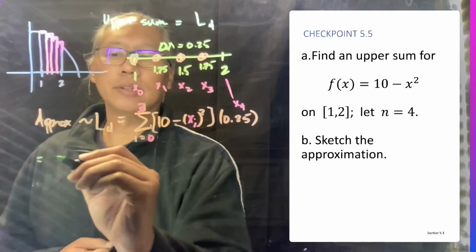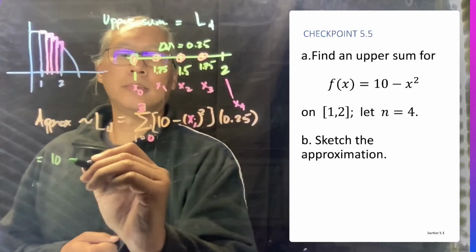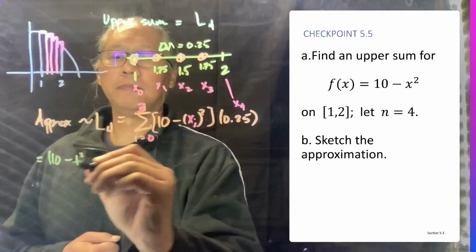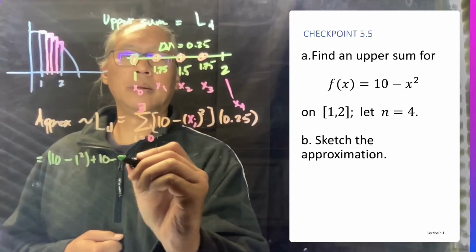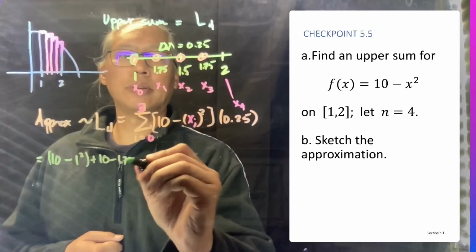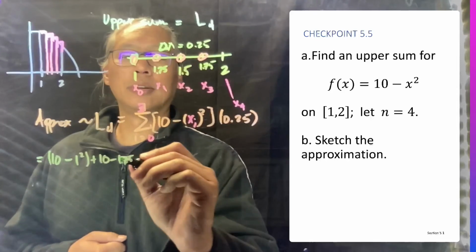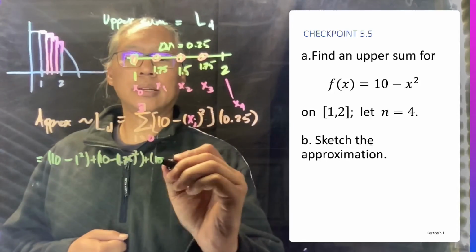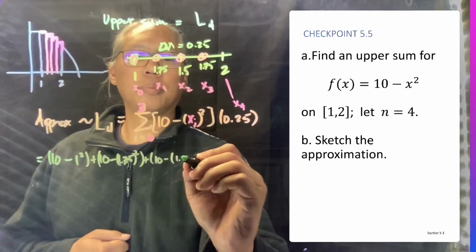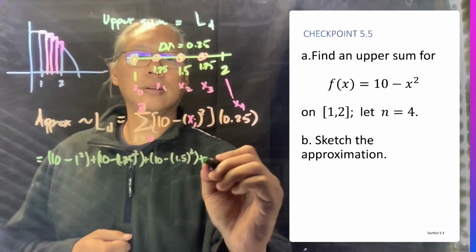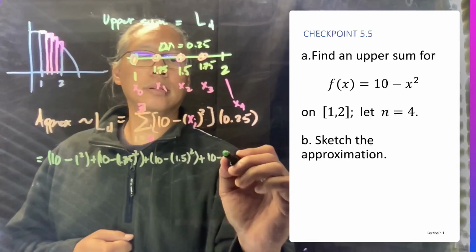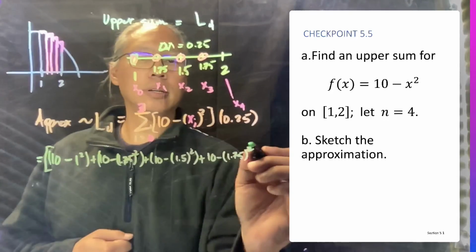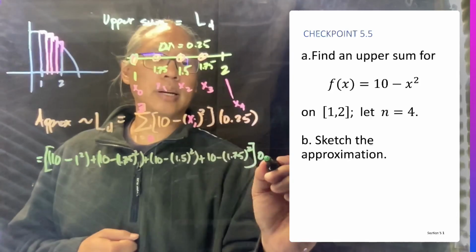This is going to be 10 minus 1 squared plus 10 minus 1.25 squared plus 10 minus 1.5 squared plus 10 minus 1.75 squared. All this will get multiplied by delta x.